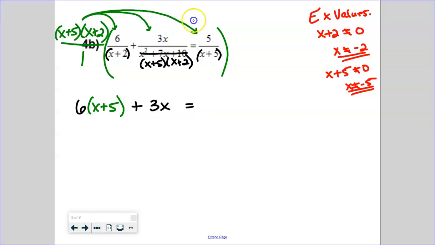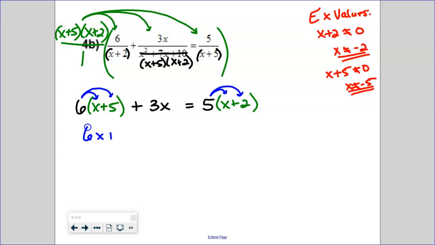And then this last fraction, the x plus 5 would have canceled, leaving you still with the 5, and it's still going to get multiplied by the x plus 2. So that is most definitely a time saver. If you feel comfortable taking that shortcut, go ahead. Some of you are like, yeah, no, I don't feel comfortable. That's okay. All right, let's clean this up.